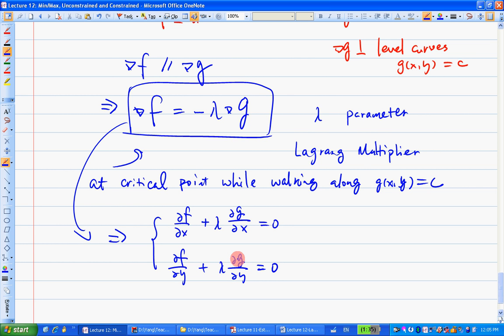This is great: we let the component of one vector equal the component of the other vector. That's what you get here.